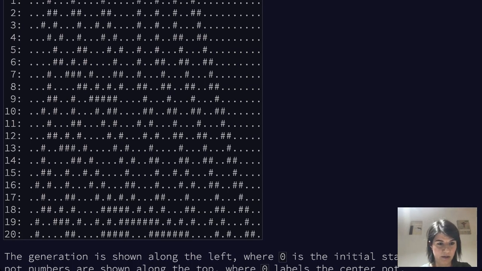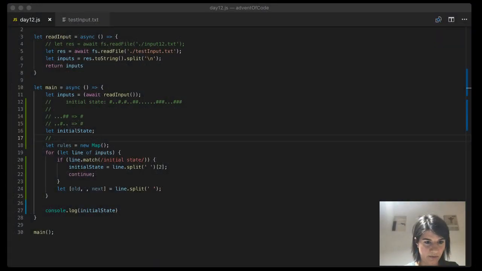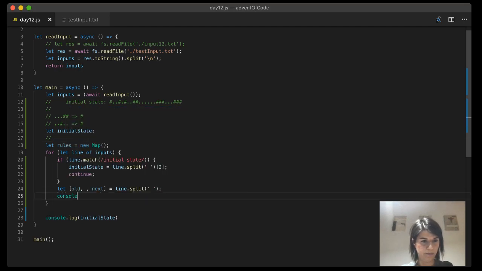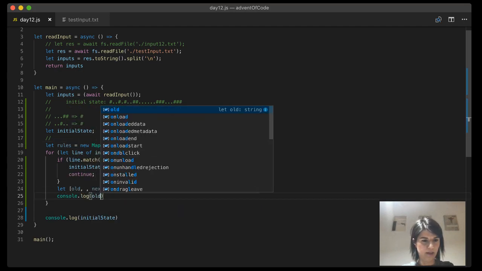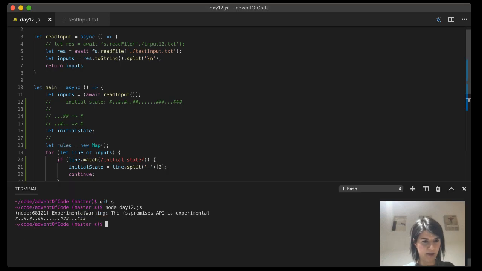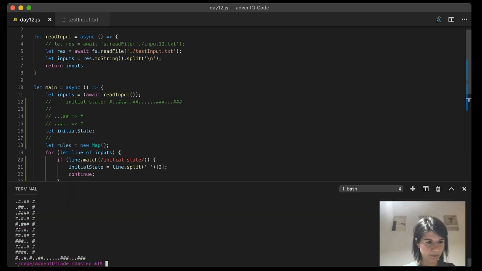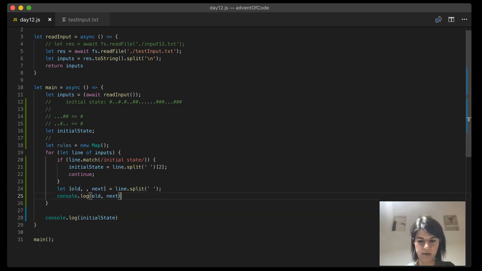I'm still in the phase of just parsing the input. So I have old and next, and then let's see if that is even the right thing. That looks good to me. Okay, so I have old and next. And what do I do with old and next? So I have these rules which are a map.